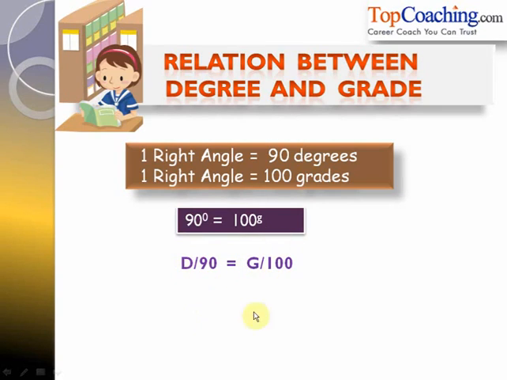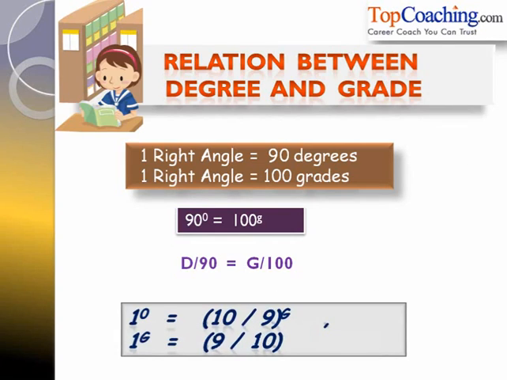So this is the equation that helps us to convert an angle which is given in degree form to a grade form, or an angle which is given in the grade form to a degree form. So this is actually the relation between degree and grade. Further, what we can write is 1 degree is equal to 10 by 9 grades, or 1 grade is equal to 9 by 10 degrees.